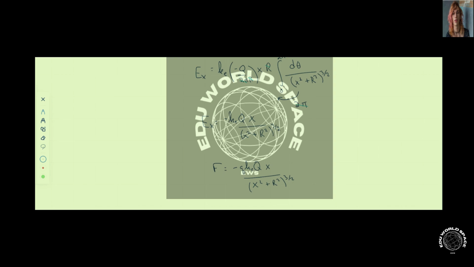Okay, now what's interesting about that? Well, I note in particular, if x is much less than the radius, then we can basically ignore the x down in the denominator.